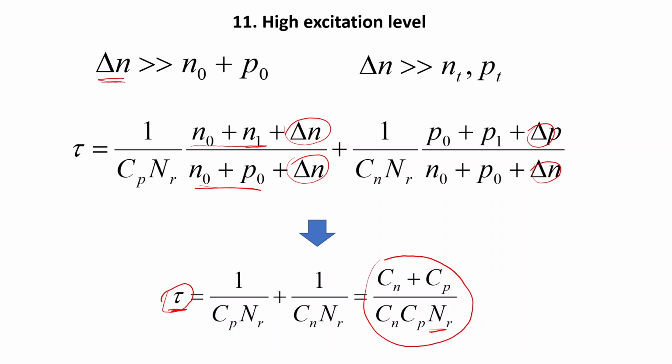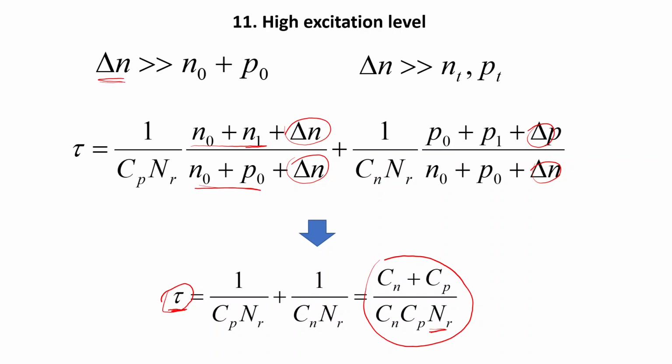However, in the case of low level of excitation, as we discussed on the previous slide, we have this value determined only by properties of the semiconductor and position of the recombination energy level.